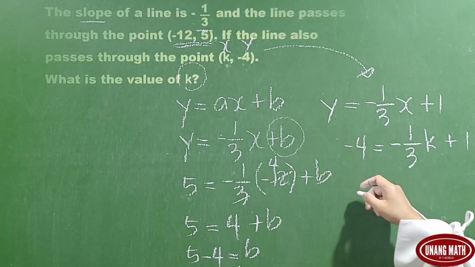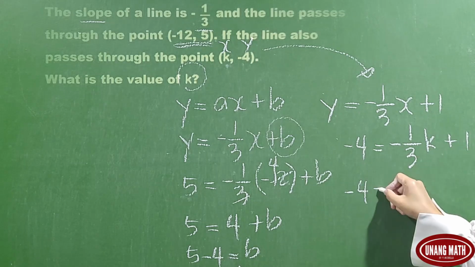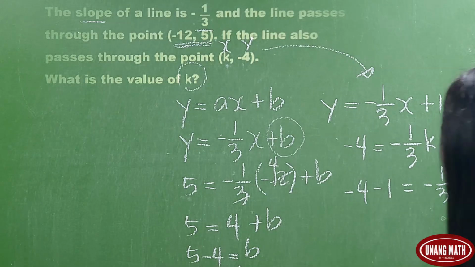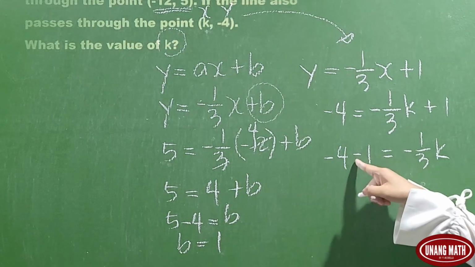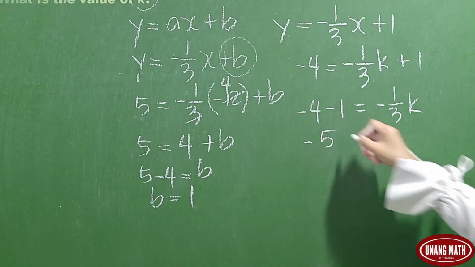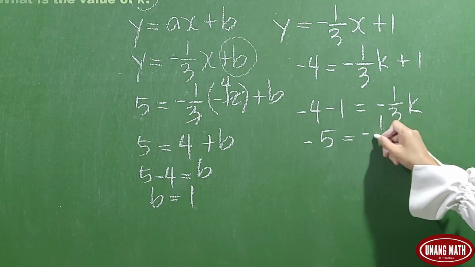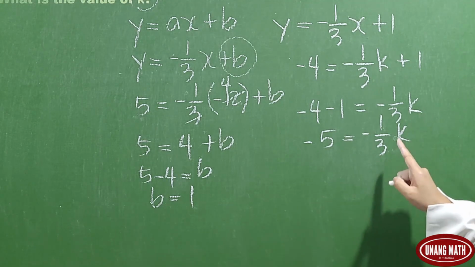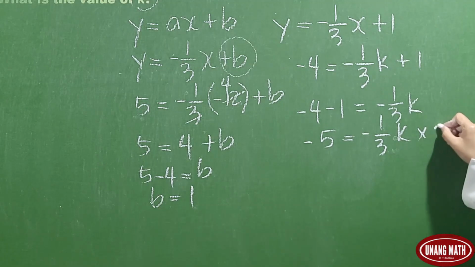Okay, now, this is negative 4 minus 1 is equal to negative 1 over 3k. Negative 4 minus 1 is negative 5. So this is negative 5 equals negative 1 over 3k. Now we have to multiply both sides by 3.